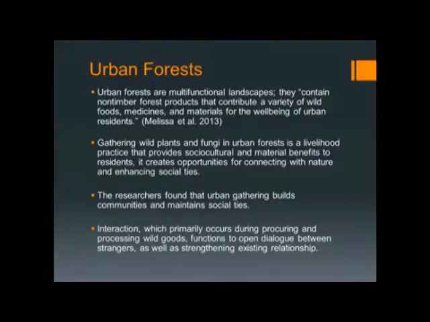The investigators stated that gathering wild plants and fungi in urban forests is a livelihood practice that provides socio-cultural and material benefits to residents. It creates opportunities for connecting people to nature, and it also enhances social ties. The researchers basically found that urban gathering builds communities and maintains social ties.